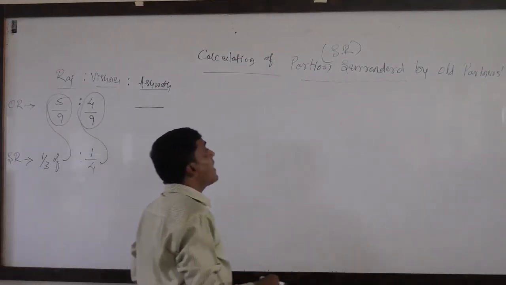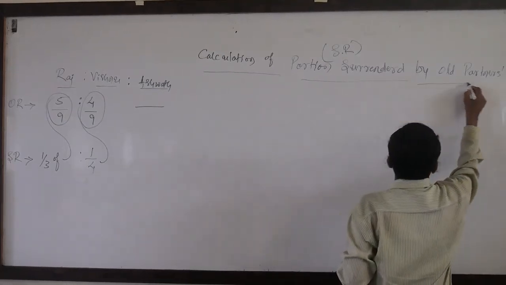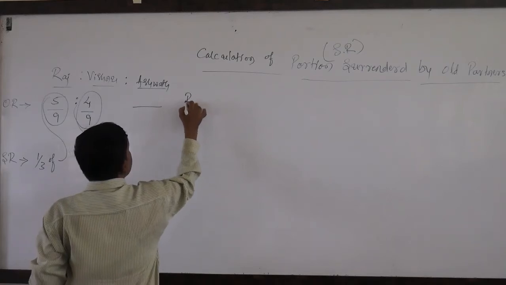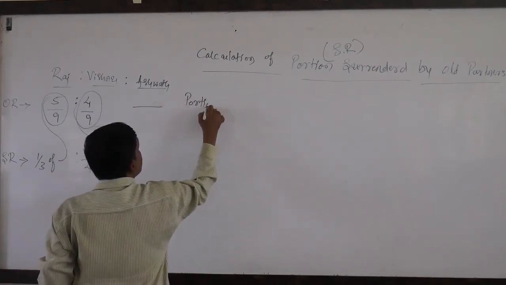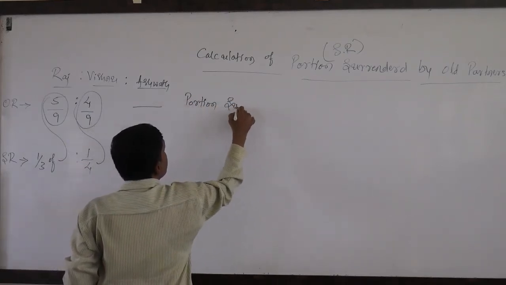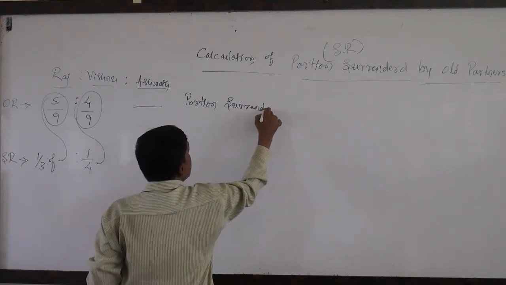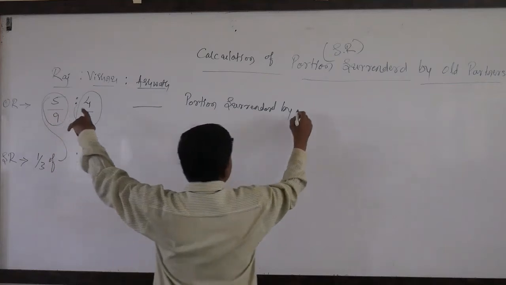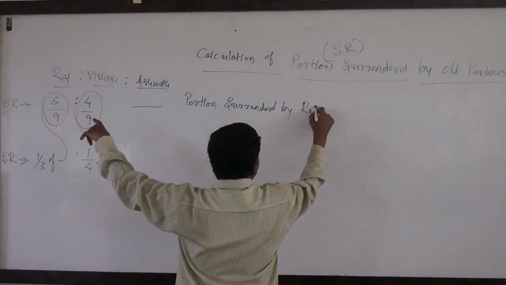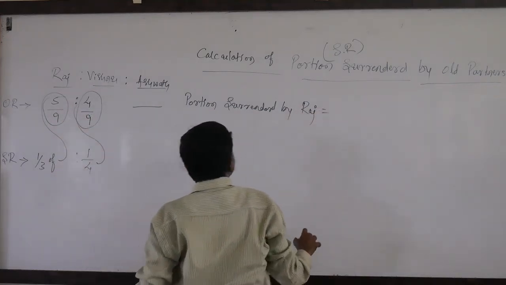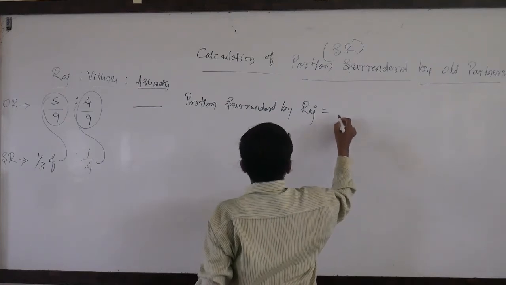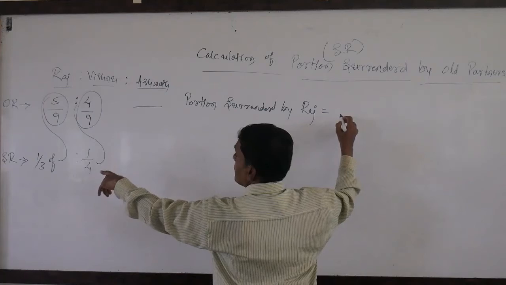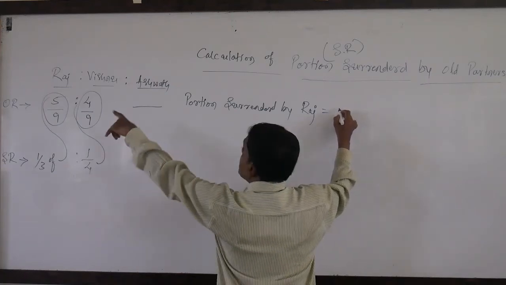So as per the circumstance of this problem, dear students, the portion surrendered by Raj: he agrees to surrender 1/3 of his share.